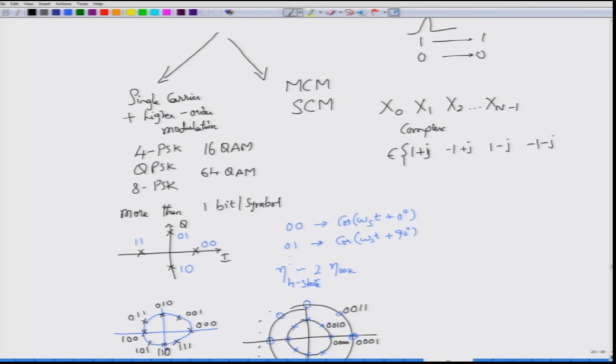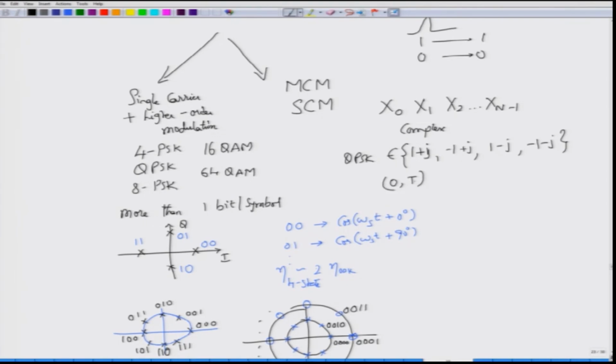So, any of these x0, x1, x2 all the way up to xn minus 1 can be any of these for QPSK modulation, and for additional modulations they can be any of the other complex numbers.